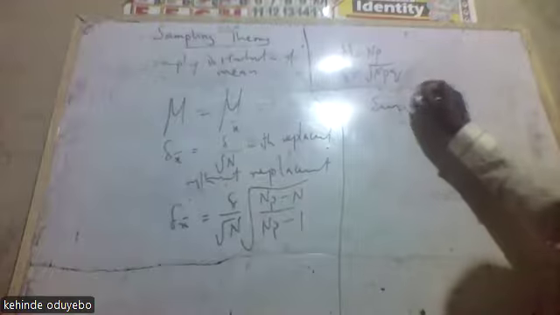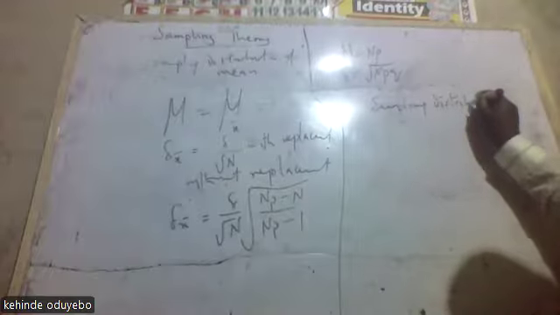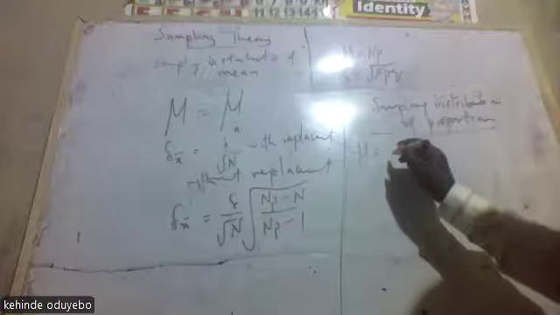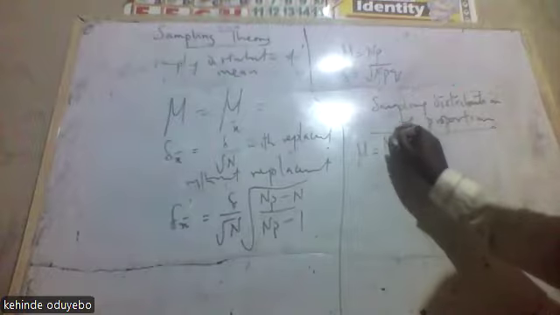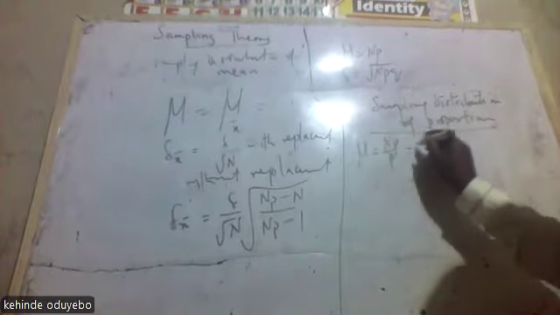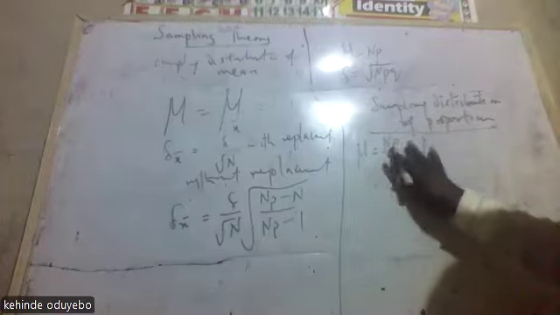Then for the sampling distribution of a proportion, divide your mean by n. You have your mean equals n p over n, which equals p, right?